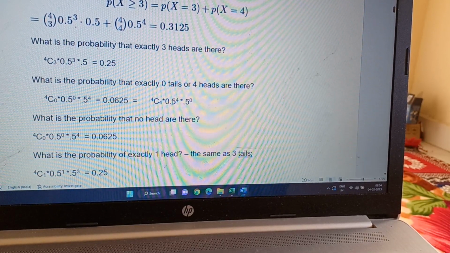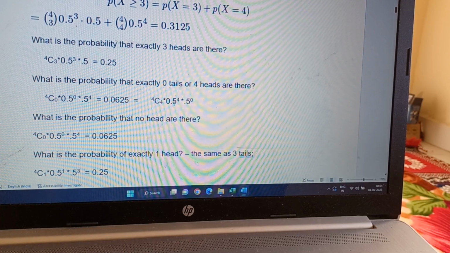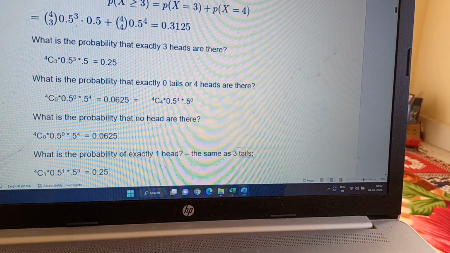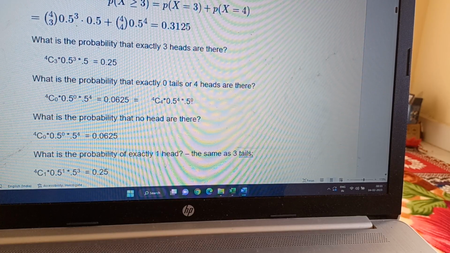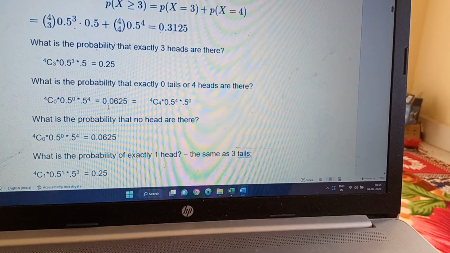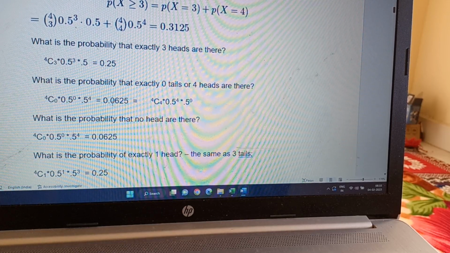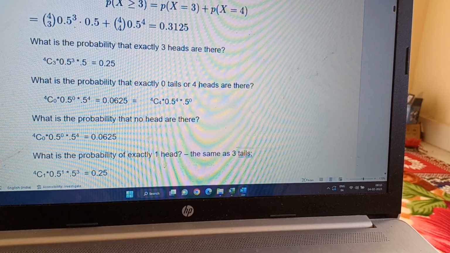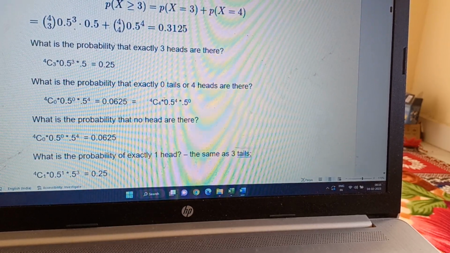And here it becomes heads probability, so 0.5 to the power 4 times tails occurrence 0.5 to the power 0. So this one is basically the same, mathematically calculated. Thus binomial distribution is symmetric. Whether you get 0 tails or you get 4 heads, the probability is the same.